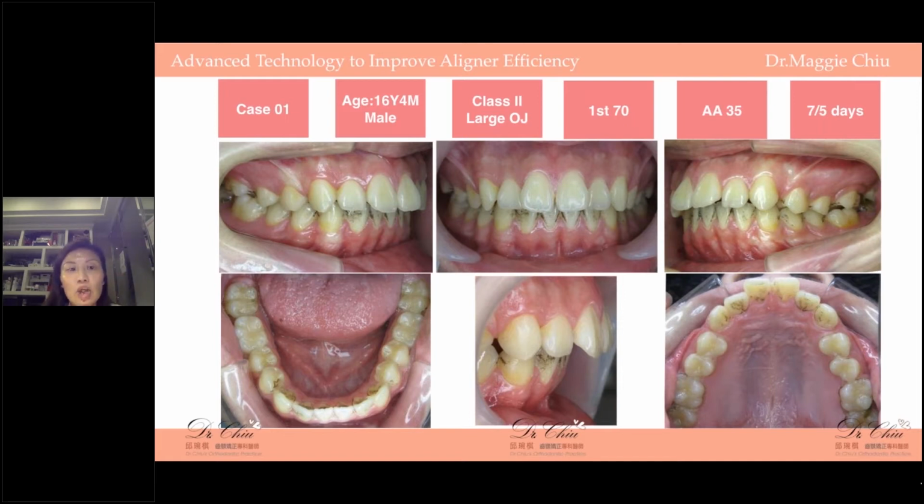Usually, when I started to use the device, I combined it with patients with more than 50 aligners, because I want to save some time and induce a better bone remodeling rate, and I just wanted to see how it works with the patient. So any patient undergoing more than 50 aligners, I will usually encourage to use the system.